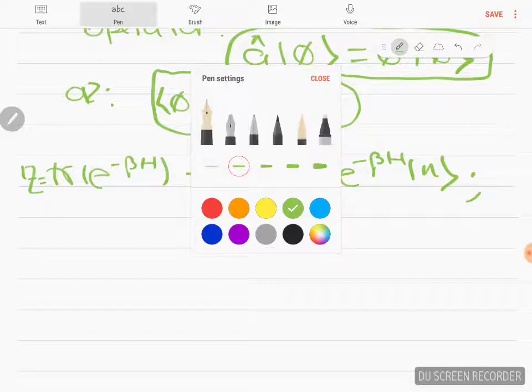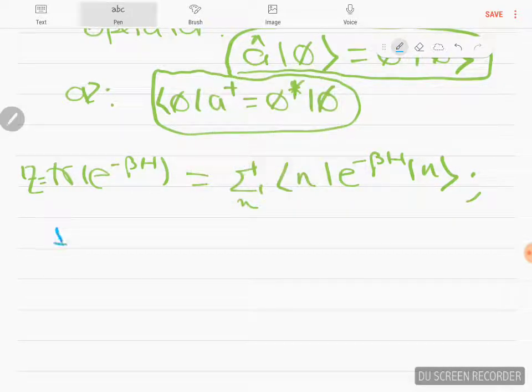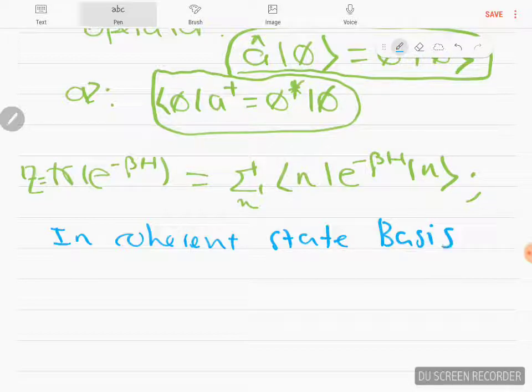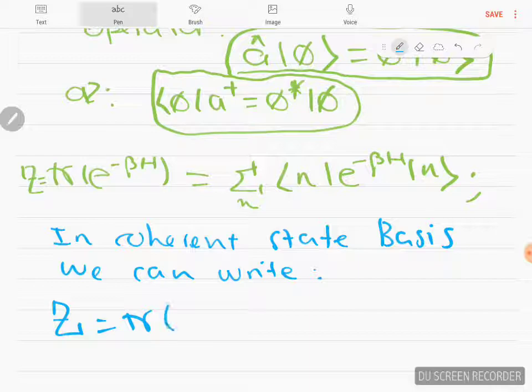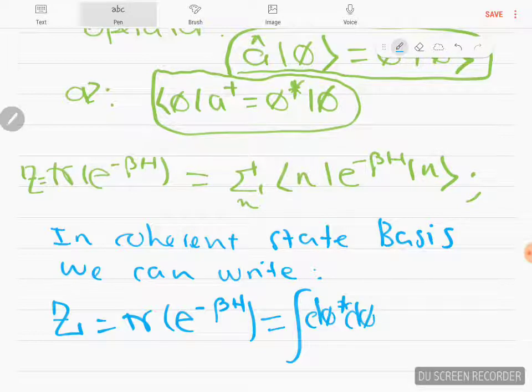Of course, in coherent state basis, we can write Z equal to the trace of e to the minus beta h equal to the integral of d phi star d phi over 2 pi i, e to the minus phi star phi.